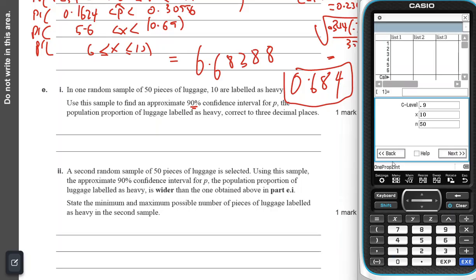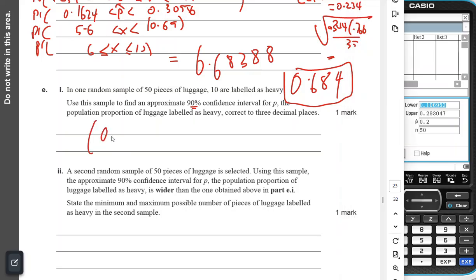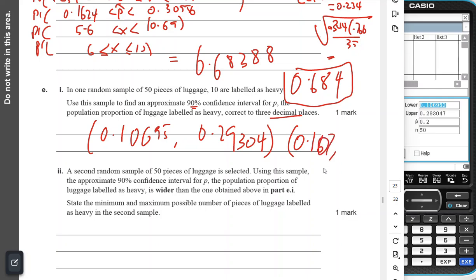So that gives me 0.10695 to 0.29304, which to 3 decimal places is 0.107 to 0.293.